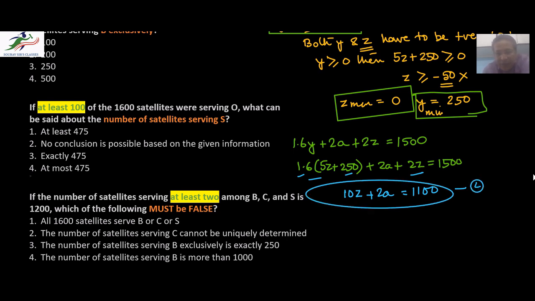And from here I can see that again both z and a have to be 0 or positive. So the minimum value of z is equal to 0, and when z is minimum here, a will be maximum. So a max will be 550.